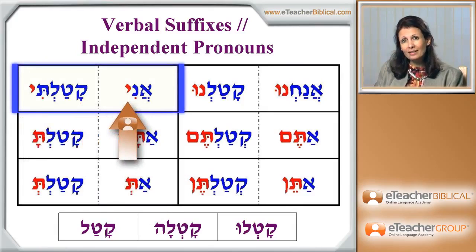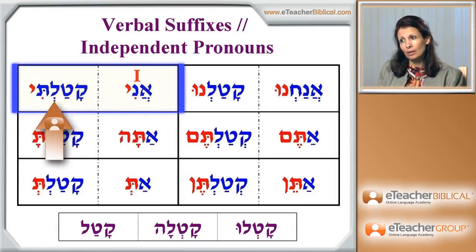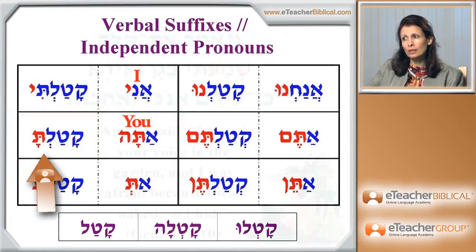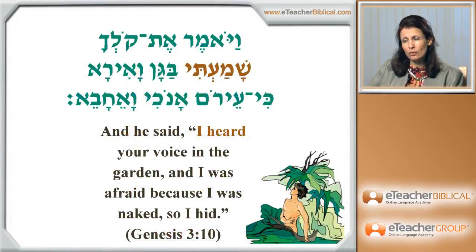So you hear the I at the end, you know you're dealing with a first person subject. Katalti is going to be expressing some kind of a verb like I did something. Katalta would be expressing something, you did something, etc. In order to make it way more clear, let's go and see an example from Genesis 3:10.